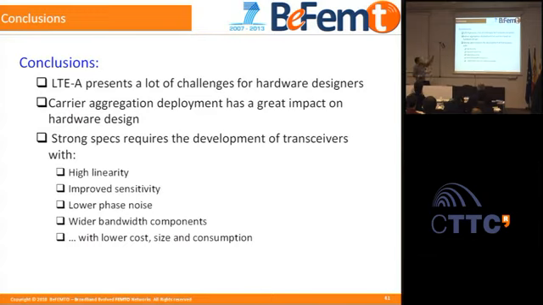And the strong specs defined on LTE-Advanced come with higher requirements for all the components: improved sensitivity for the receiver, lower phase noise, wider bandwidth components, and also with lower cost, size, and consumption. So this is the challenge that will be faced by technology, and I think it will be solved, but I don't know when.